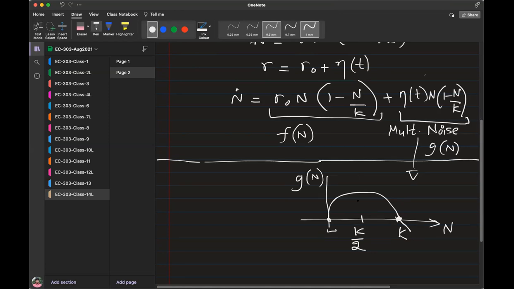Now, the intermediate value is where it's maximum. This is also the problem: sometimes it becomes hard to explain these features, and that's because we have introduced them in an ad hoc way. Ad hoc introduction of stochasticity sometimes makes it very difficult to explain in terms of the underlying smaller scale processes, difficult to explain the origin.